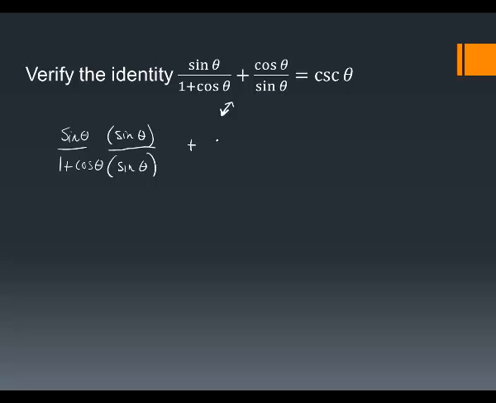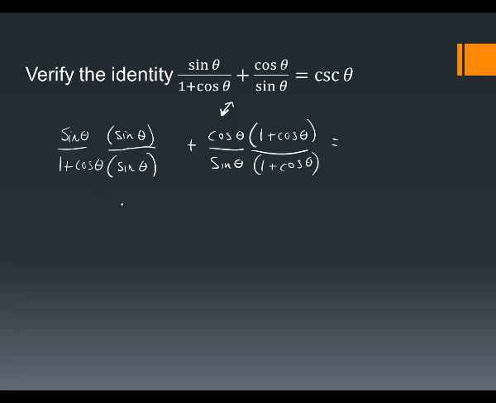Okay, we're multiplying the top. And then this side, we need to take cosine theta over sine theta and multiply it by 1 plus cosine theta over 1 plus cosine theta. Once again, I'm creating a common denominator. Okay? This is definitely the harder side, so let's combine like terms.